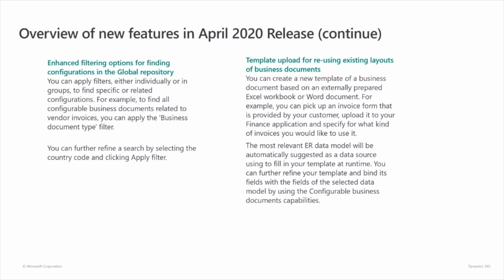Which, let's say, your vendor sent to you in Excel format, and then you can just take it and import it to the system and start working with this template, right? So it simplifies the customization story for you, so you can start from an already existing template.